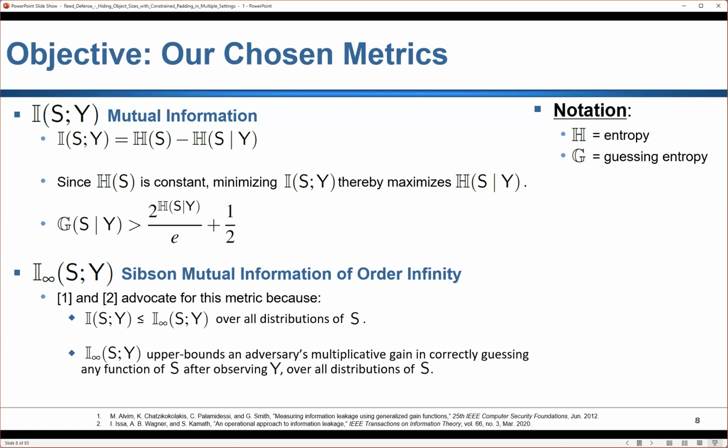So there's this gain in information based on its observations. And so I infinity also serves as an upper bound for this gain for anything that the adversary could be interested in learning about objects after observing their sizes across all distributions of object identities. So it's a very robust privacy measure.